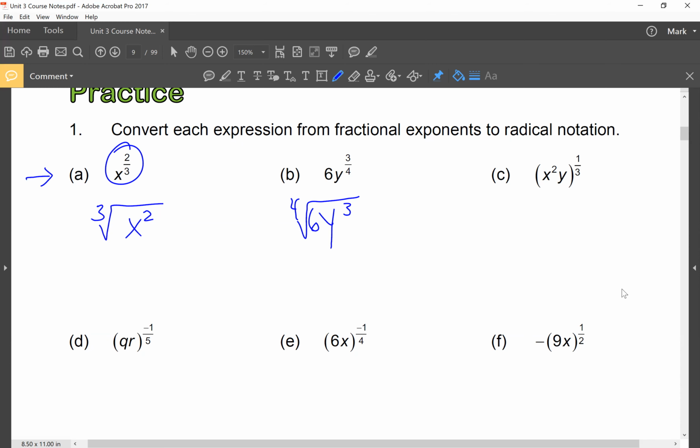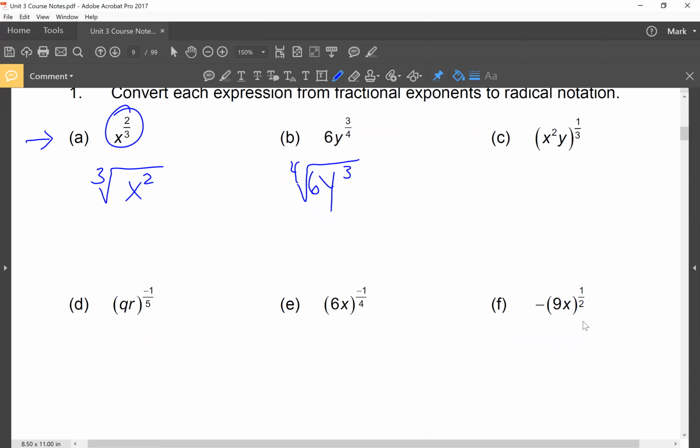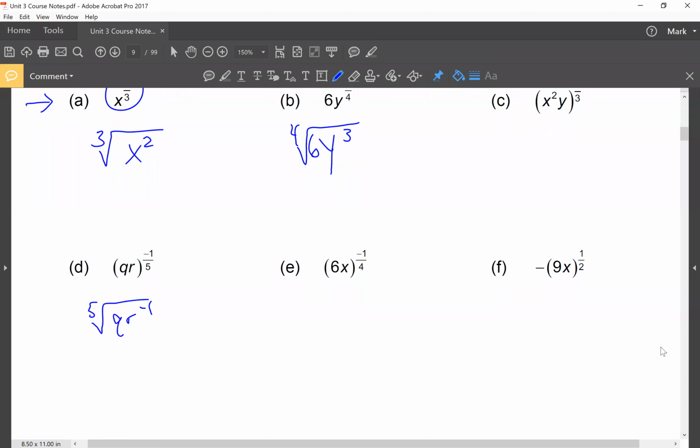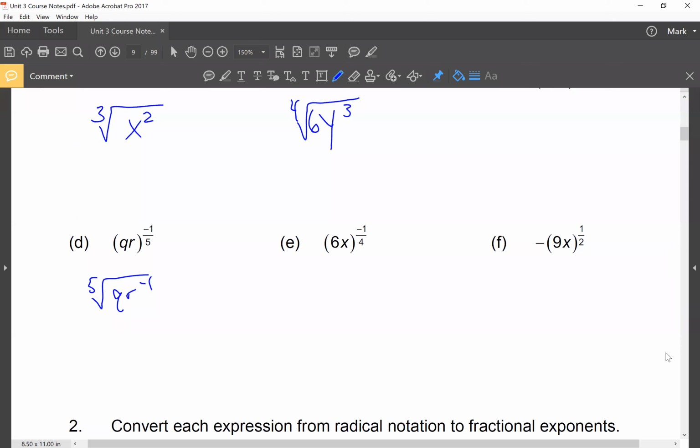Okay, so what about D? D says qr. Now, this is not the answer yet, but I'm going to write qr here, with a 5 here and a -1 down. I'm not finished.